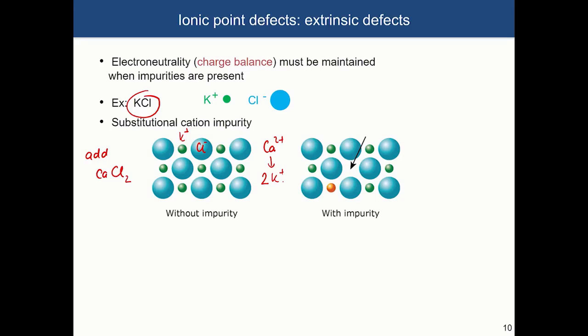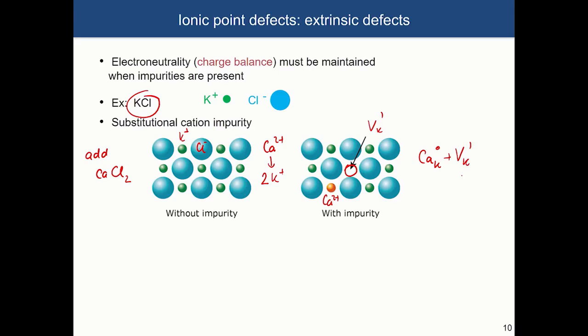What that means is that I'm forming a vacancy. If this was my calcium 2+, I have to form a vacancy of potassium. This will be a potassium vacancy because calcium carries two positive charges in comparison to the potassium's one. How I would write this is that what I'm forming is a defect, which is the substitutional calcium that substitutes the potassium, and I'm forming one vacancy of potassium.